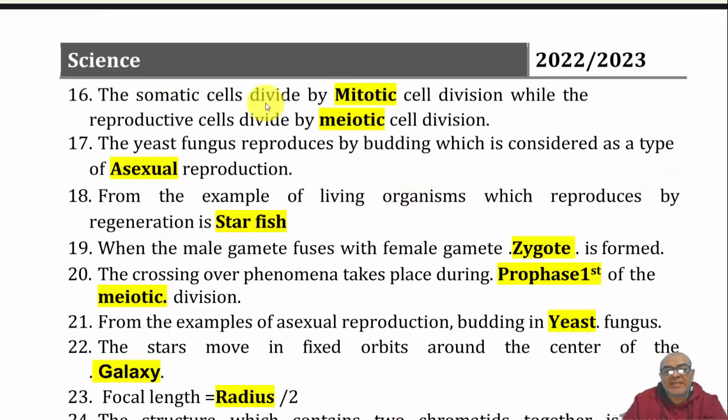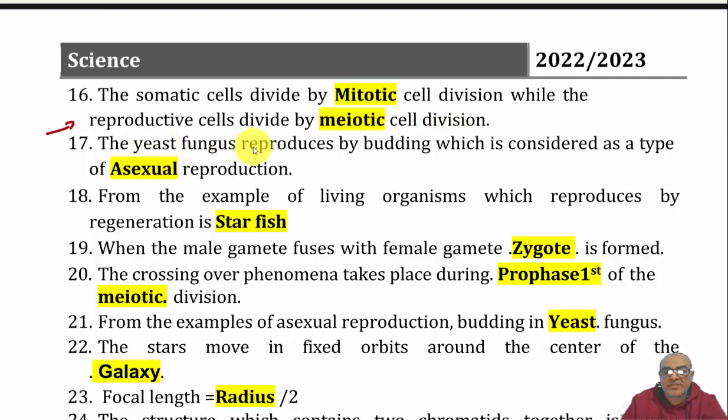So the somatic cell, or body cell, divides by mitotic cell division, while in the reproductive cell, when I need half the hereditary substance, it is meiotic cell division.